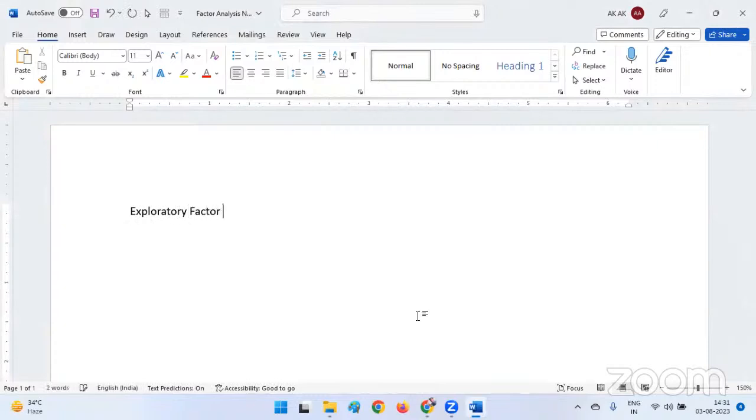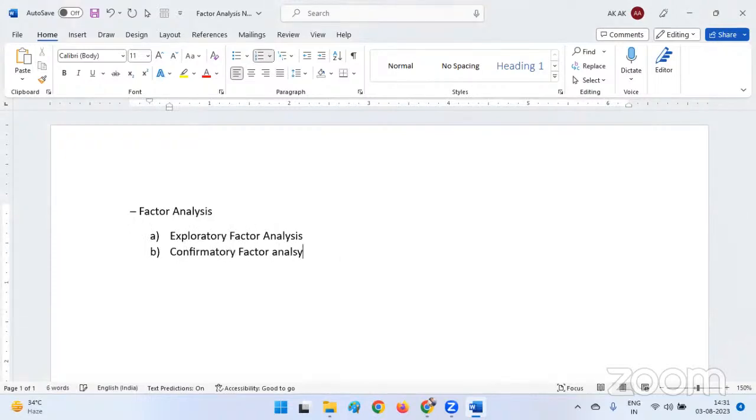Exploratory factor analysis is popularly known as factor analysis, but factor analysis has two types. First is exploratory factor analysis, and second is confirmatory factor analysis.